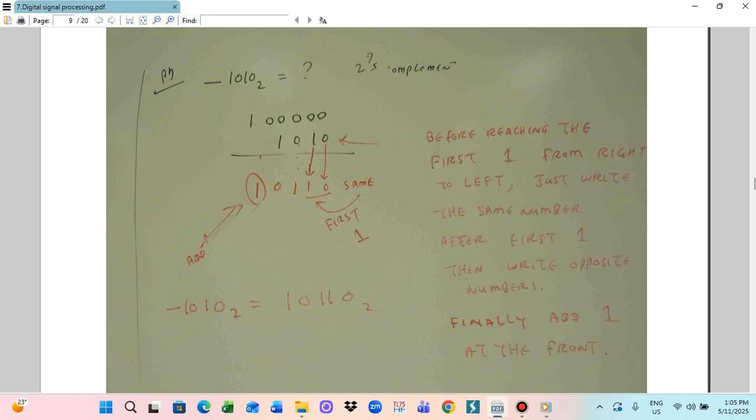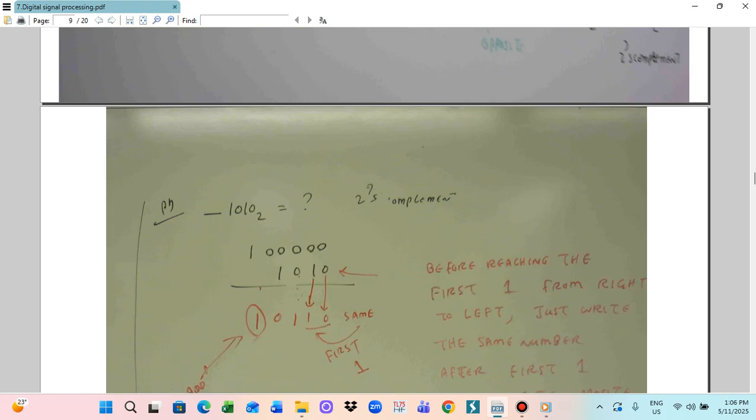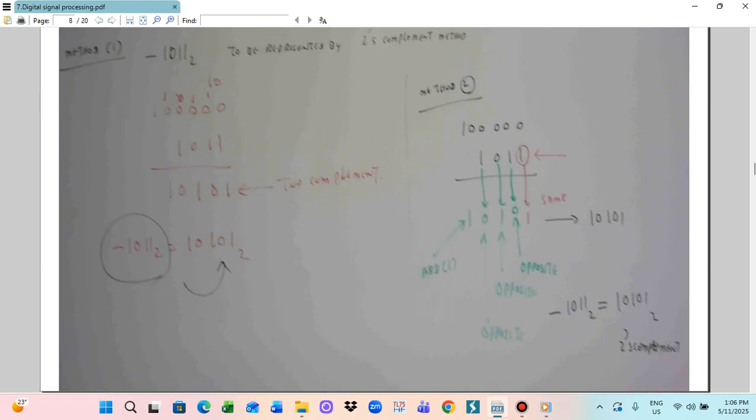This is 1. You just write the same number. And then the second one, you just write the opposite number. Here it is originally 1, so here you write a 0. You just write the opposite. And this is 0, so you write the opposite 1.